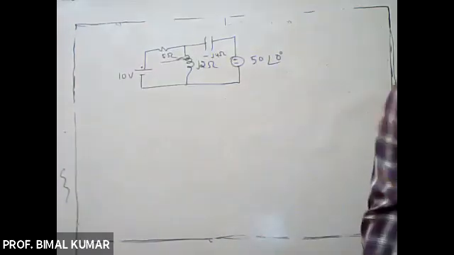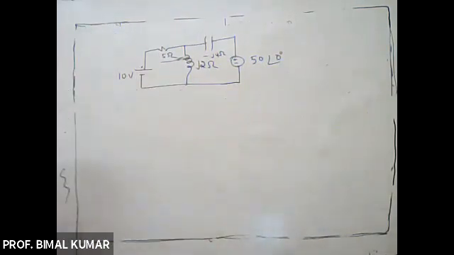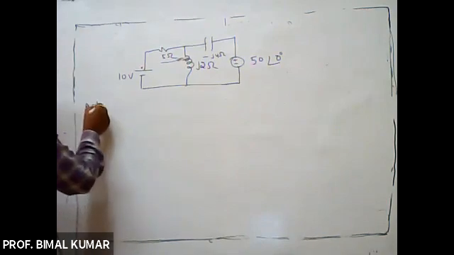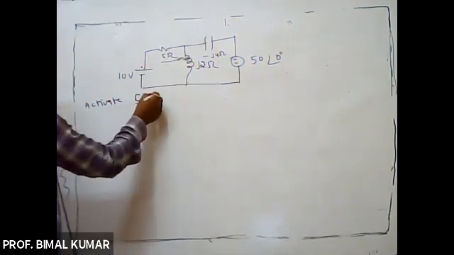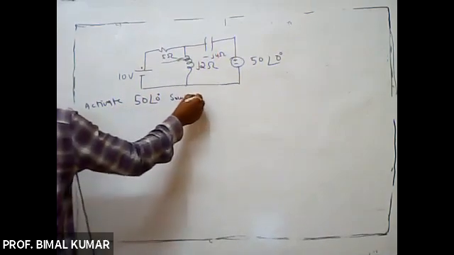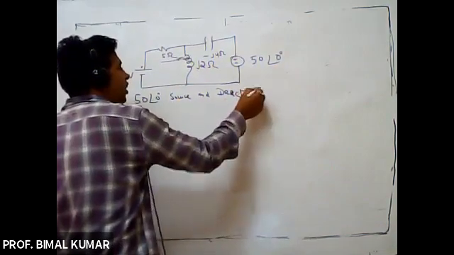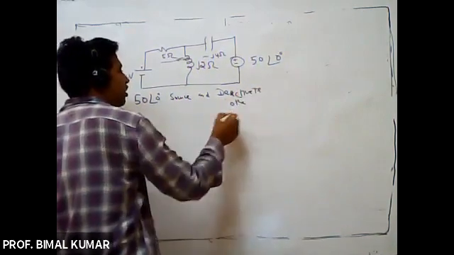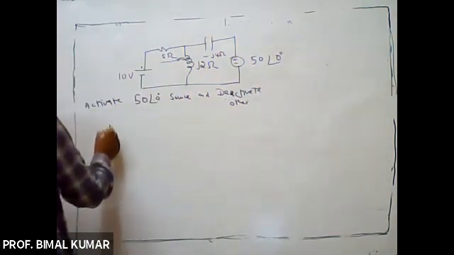Activate one source at a time. So I am just going to activate this 50 angle 0 degree source and deactivate the other. Here the deactivated voltage source will be a short circuit.